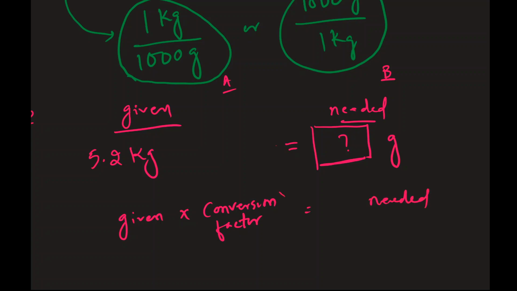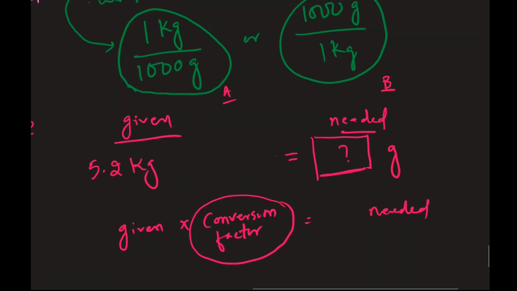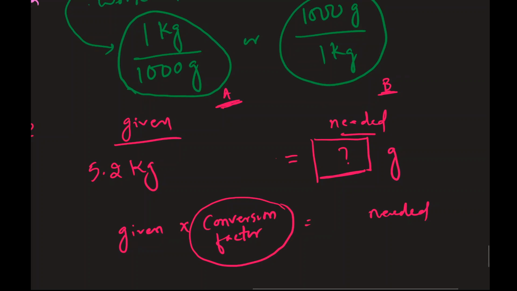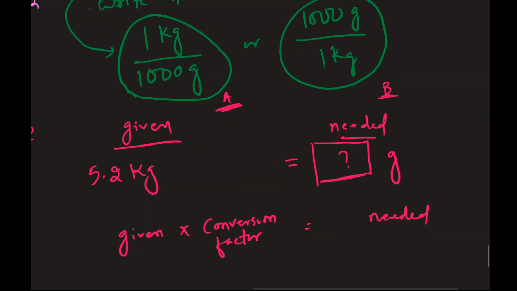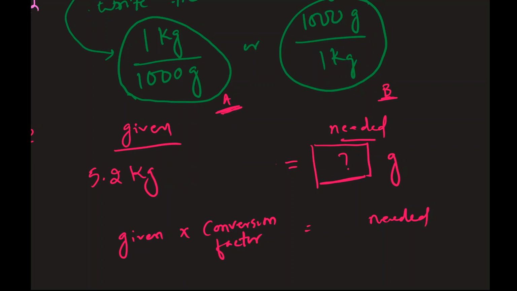You have to figure out which conversion factor I'm going to be using. I have two conversion factors, A and B. Which one would be the best fit in this question? Here is how you should figure it out. You multiply by your conversion factor right here. In your needed, what's on top?